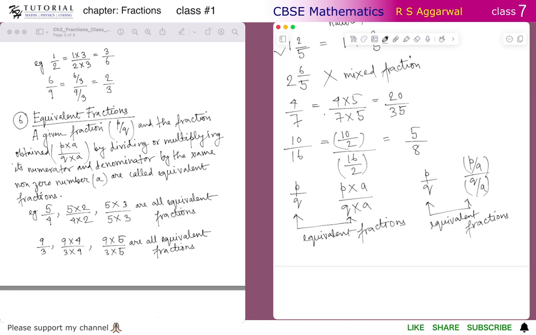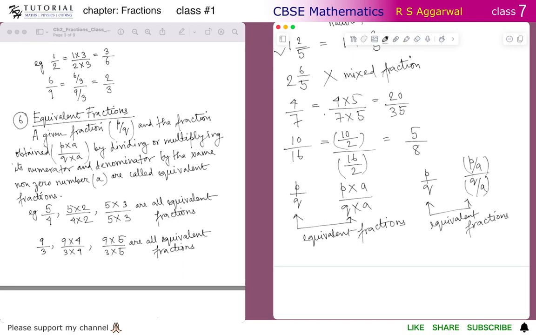On the left hand side, you can see as an example, the fraction 5 by 4 is equivalent to 5 into 2 divided by 4 into 2, which is 10 by 8, and also it is equivalent to 15 by 12. Over here the third one is a mistake: 5 multiplied by 3 divided by 4 multiplied by 3, so 15 by 12.